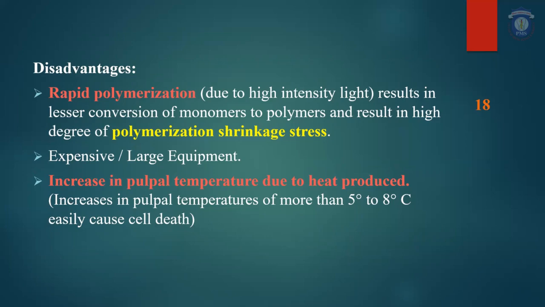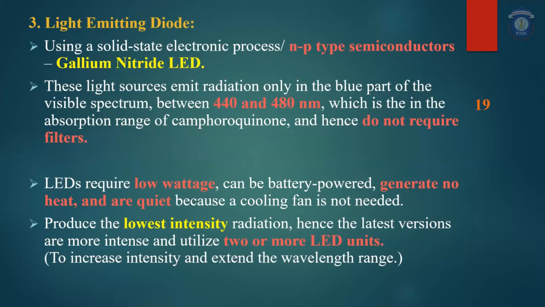Therefore, as a drawback or as a side effect of this rapid polymerization, we will be experiencing what you call polymerization shrinkage stress, which is not a desirable property to have. And the equipment is quite large and it's expensive. And also because of its high intensity, there is an increased pulpal temperature, which can eventually result in pulpal damage.